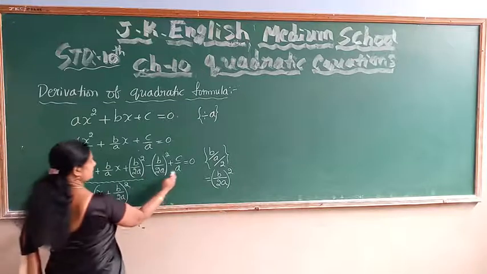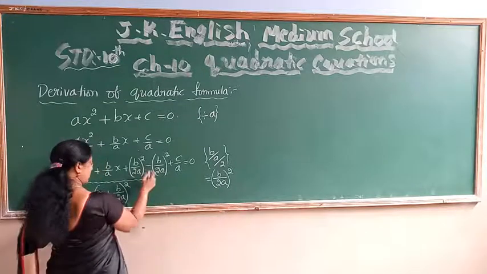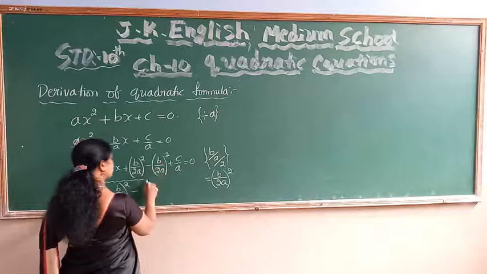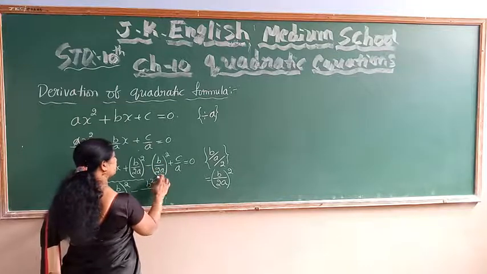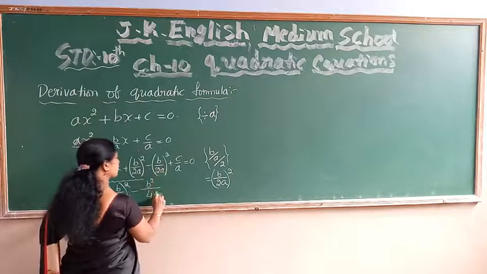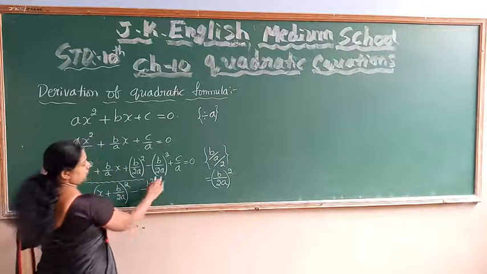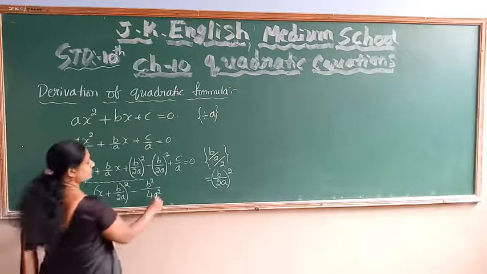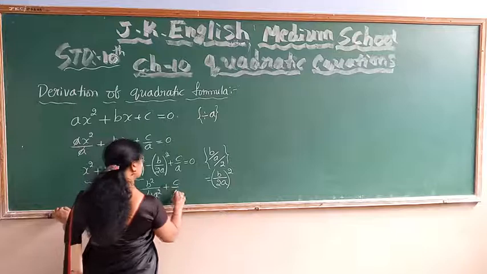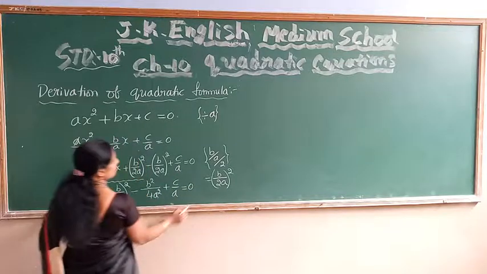Now you simplify these two. Minus, this is b square divided by 2a whole square, which means 4a square: 2 square is 4, a square is a square, plus c by a is equal to 0.